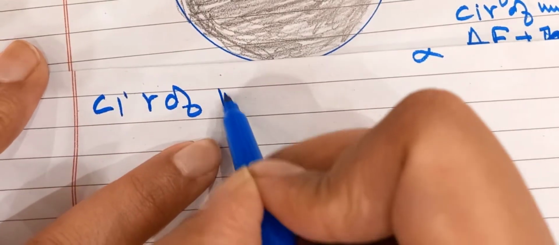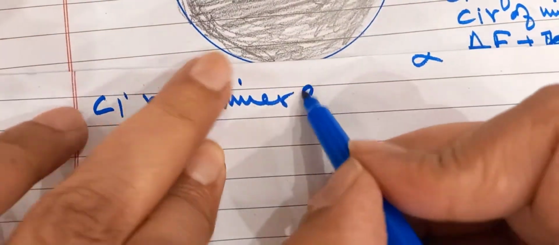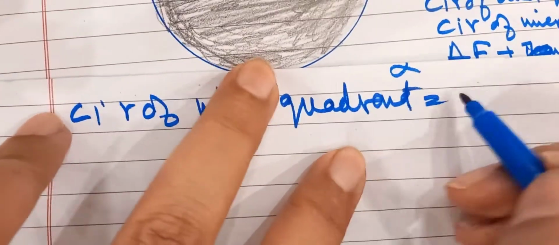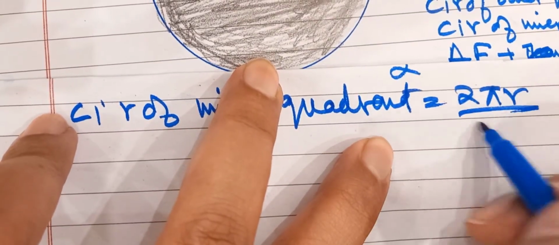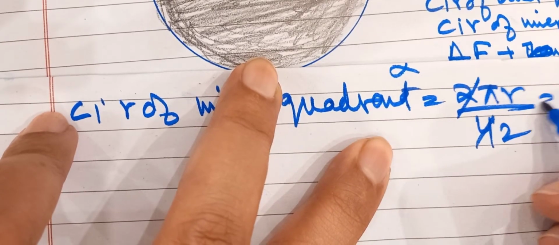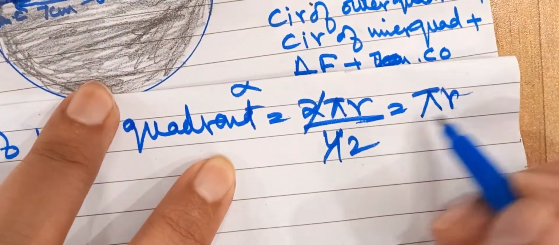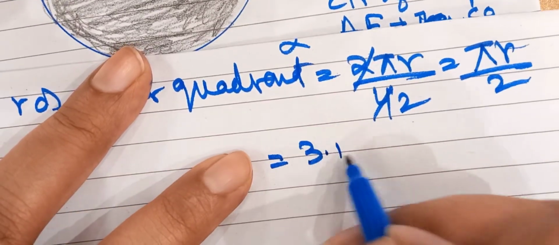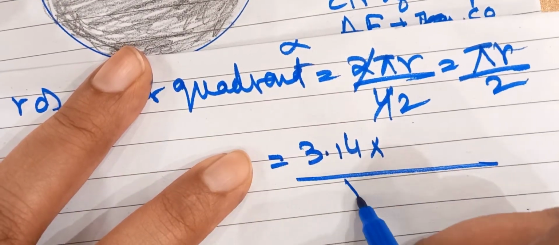Circumference of inner quadrant is equal to 2 pi r over 4 is equal to pi r over 2. I'll put in the values. Pi is equal to 3.14 into r.